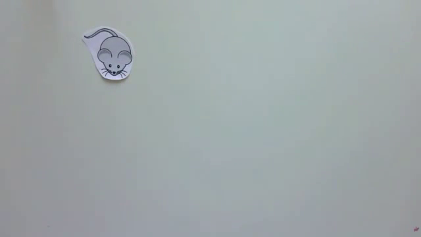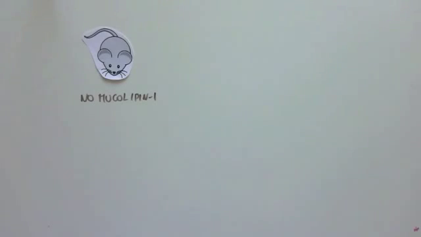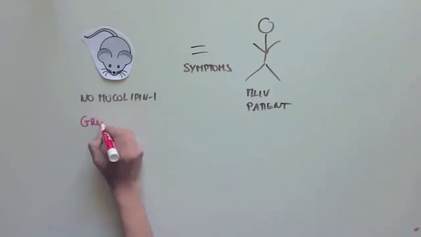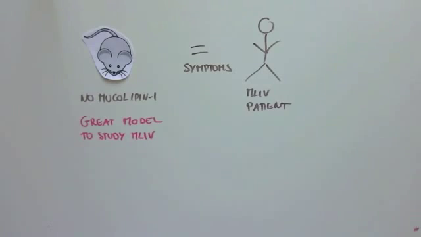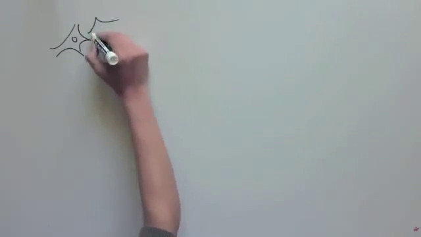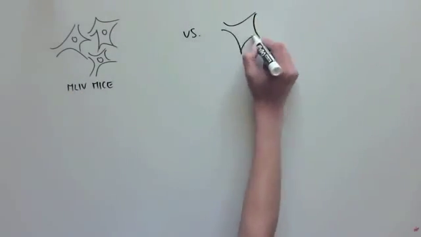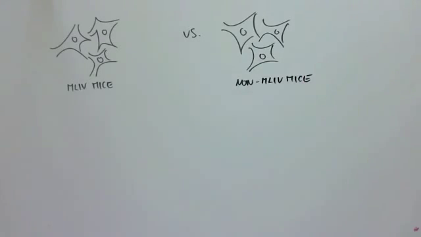These scientists used a mouse model for ML4 where the mucolipin-1 DNA sequence and protein were removed. These mice have a lot of the same symptoms as ML4 patients, so it's a great model in which to study the disease. Because ML4 is a neurodegenerative disease with death of the neurons, the scientists studied the neurons isolated from brains of diseased mice compared to non-diseased mouse neurons in a petri dish.